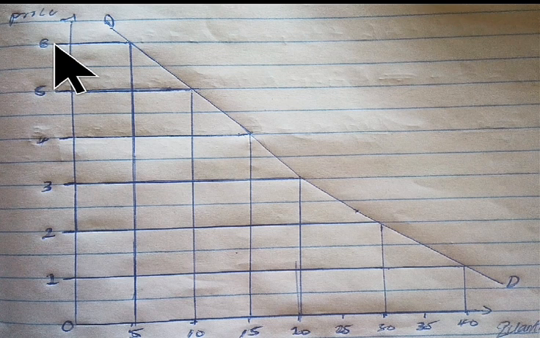We see the highest price, which is 6 naira, and the lowest quantity, which is what? 5 kg. So when this price fell from 6 naira to 1 naira, the quantity rose from 5 units or kg to 40 units or kg. This shows that when the price falls, the quantity demanded rises, and vice versa. This is the case of what? Normal goods.